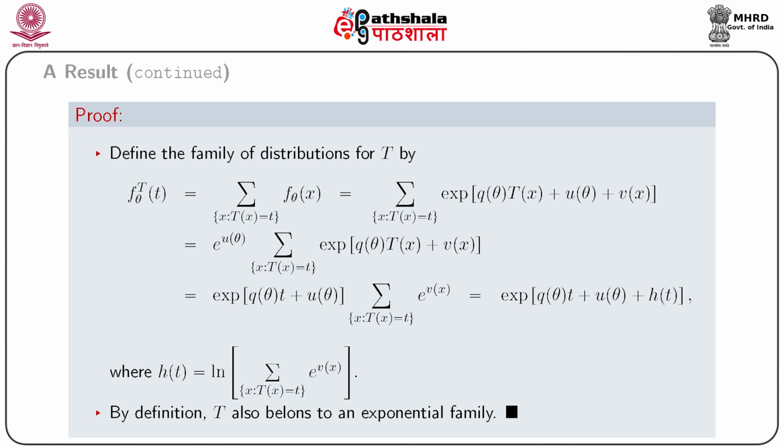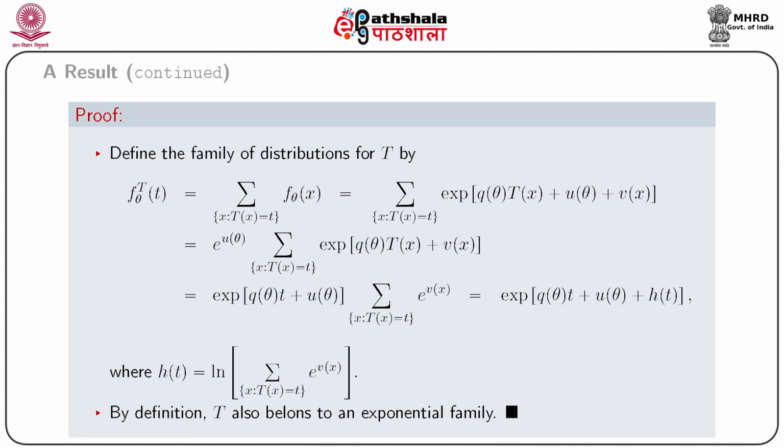If we write h star(t) as the summation over x such that T(x) = t of e^(v(x)), then we get g_θ(t) = e^(q(θ)t + u(θ) + h star(t)). Hence, g_θ(t) also belongs to the one-parameter exponential family.